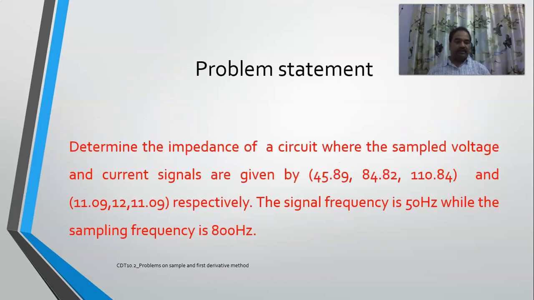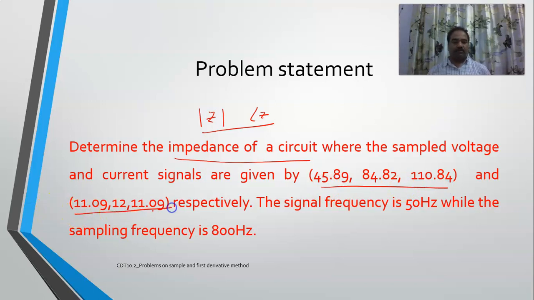Now this is the problem statement. We are supposed to determine the impedance phasor, both magnitude of Z and also angle of Z, where these are the sample voltage and current signals which have been taken simultaneously. Here is a set of voltage values available for you, and this is a set of current values.